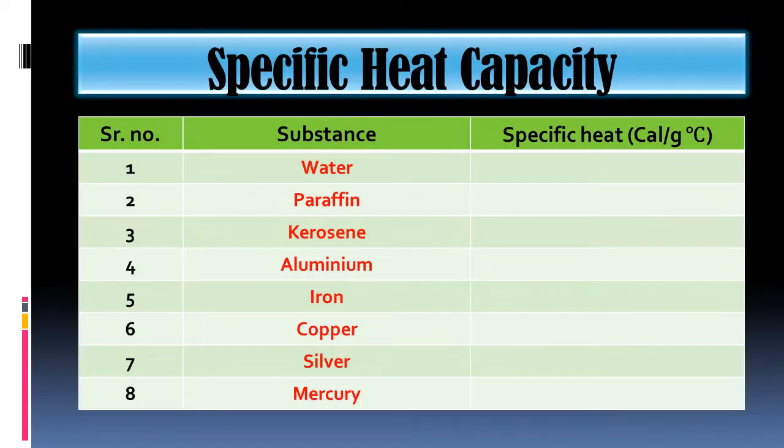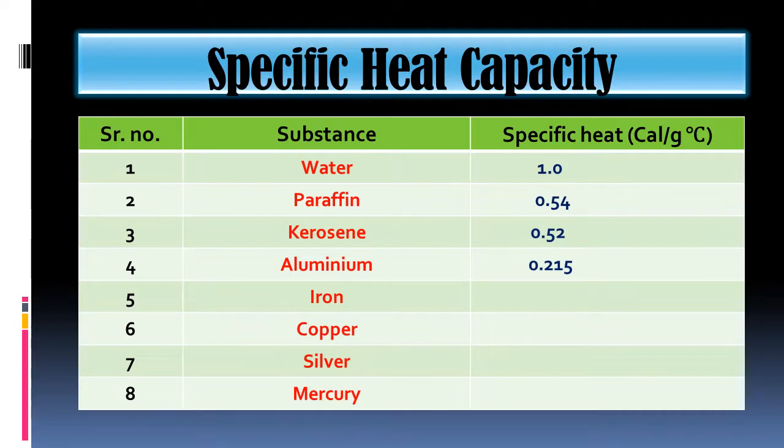Now here the specific heat capacities of different substances are given in calorie per gram degree Celsius. For water it is 1, for paraffin it is 0.54, and for kerosene it is 0.52 calorie per gram degree Celsius.